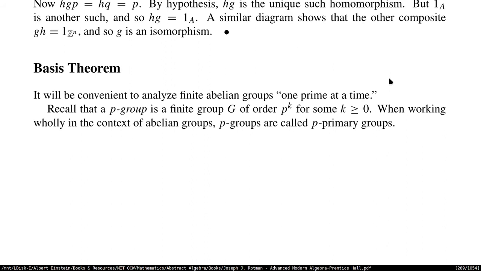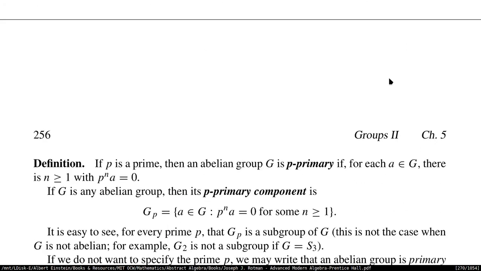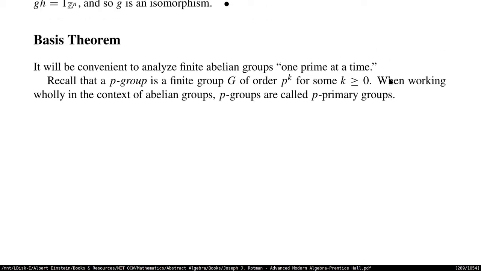It says a P-group. In the context of abelian groups, P-groups are called P-primary groups, and that is defined in terms of the order of the group. But then on the next page, it's defined in terms of being annihilated by a power of P. So I'm guessing that for finite abelian groups, those two ideas are the same.